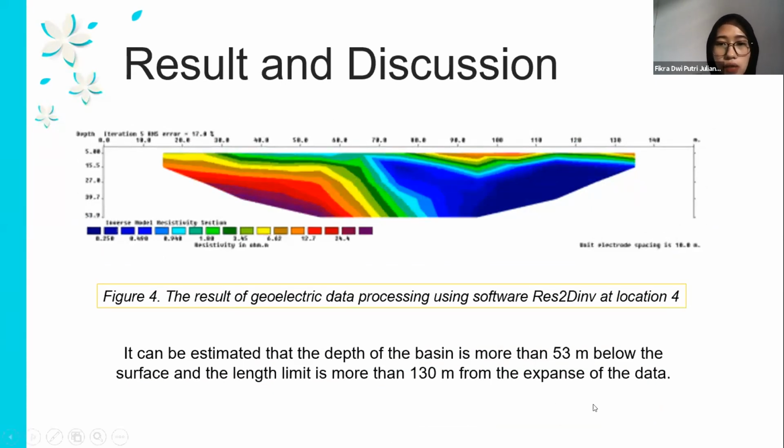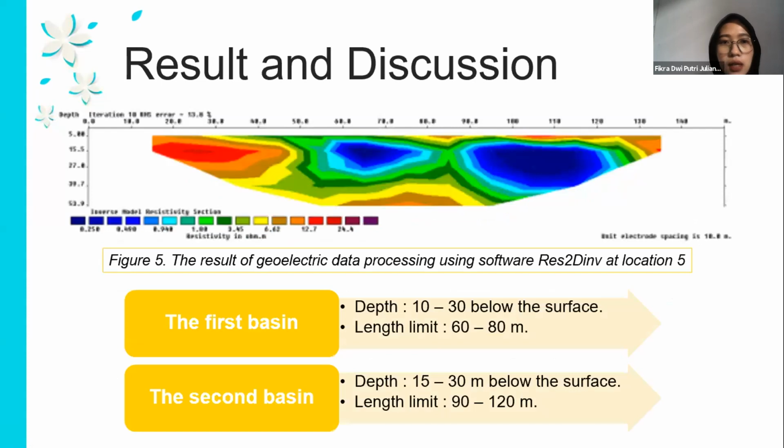And this is location 4. The difference from the previous location is that the length limit is more than 130 meters across the expanse of data. This is location 5.